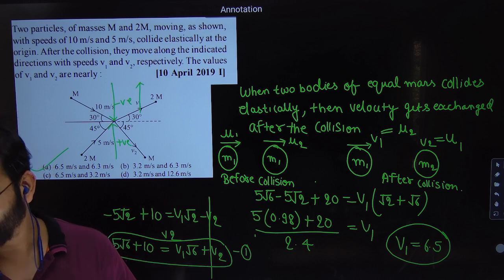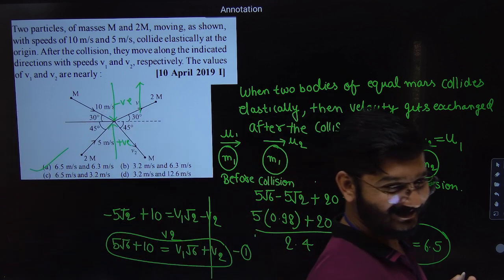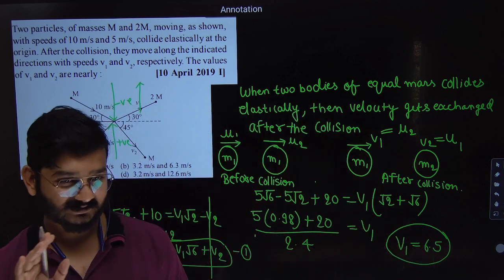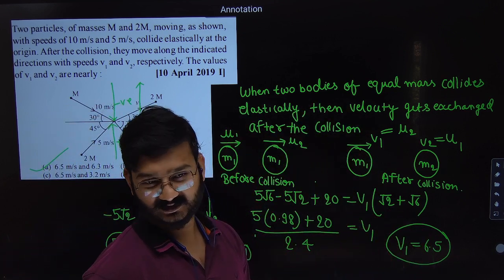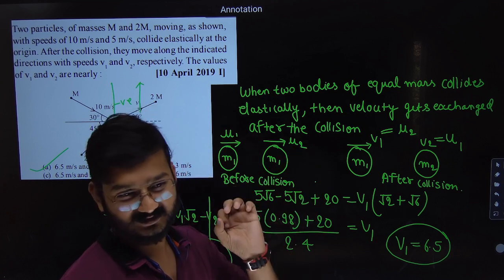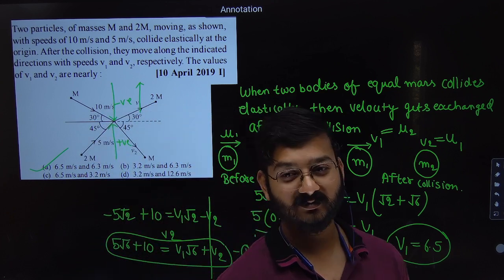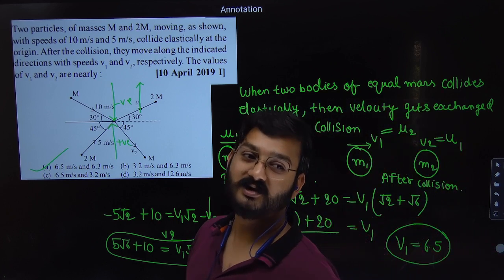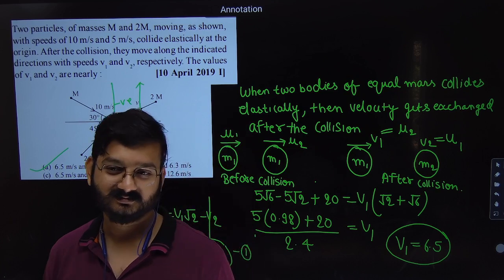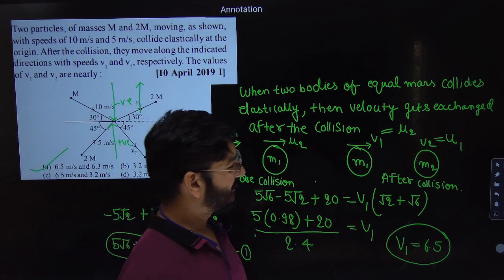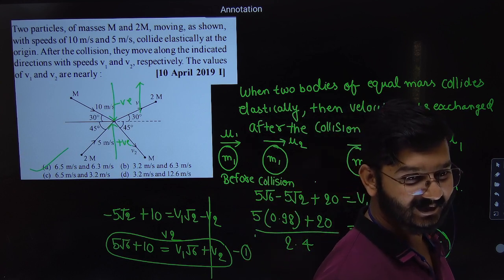The collision is perfectly elastic, and after that both of them move in two different directions. The question was, what is the angle between them? We were supposed to prove that they move perpendicular to each other, 90 degrees.